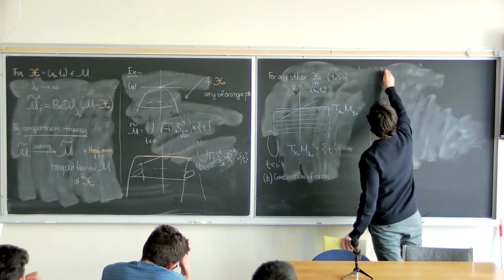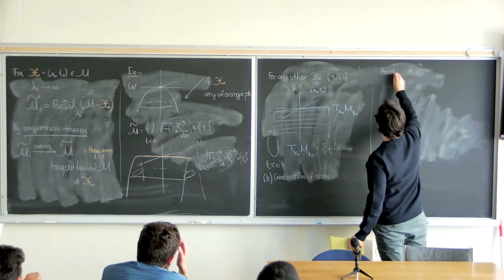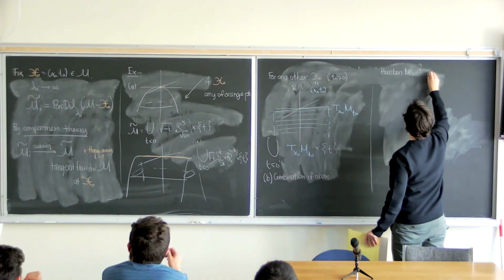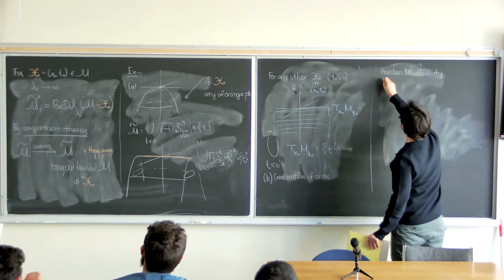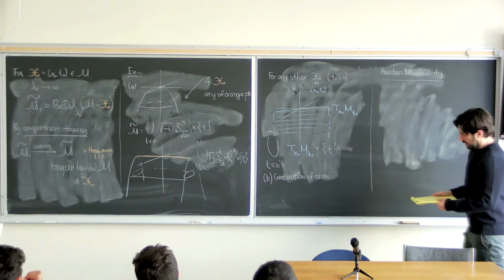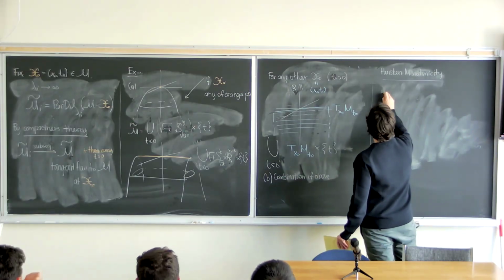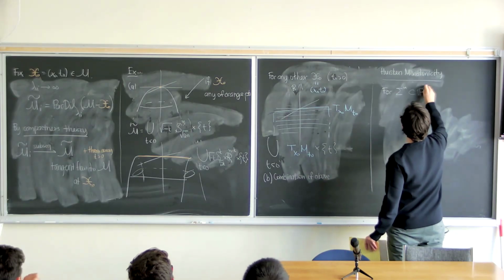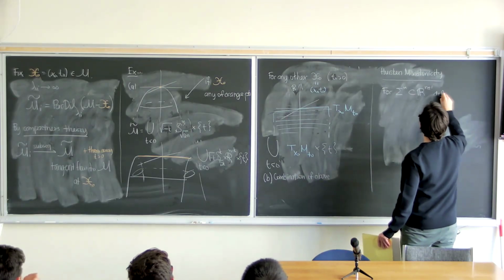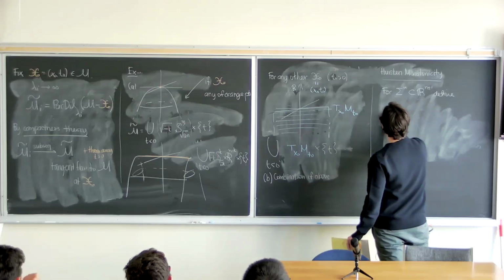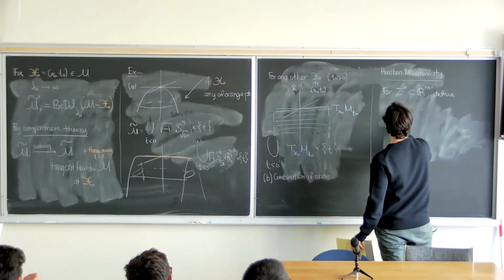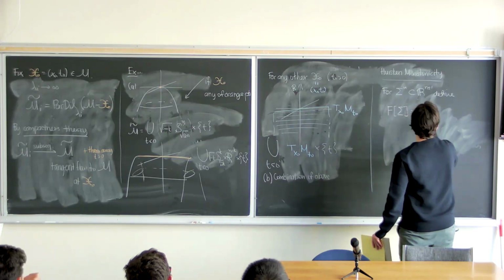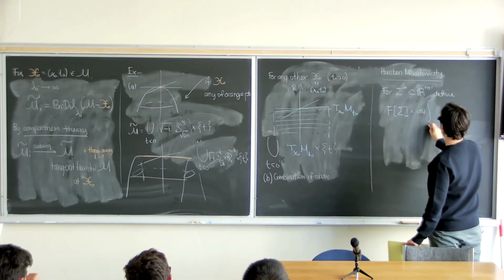So here you need Huisken's monotonicity. The main quantity here is, for, let's say, hypersurfaces sigma in R^(n+1), let's define this F quantity to be some multiplicative constant c_n times a Gaussian integral over sigma.